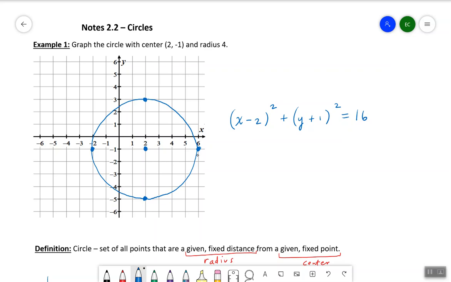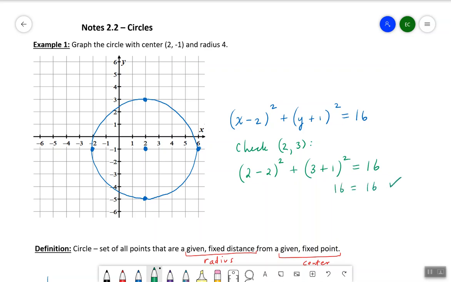So for example, let's just go here to (2, 3), which is a point. Just for fun, let's check that the point (2, 3) really does satisfy this equation. So you'll have (2 minus 2) squared plus (3 plus 1) squared equals 16. Of course, this is 0 plus 4 squared is 16, and so it did work.